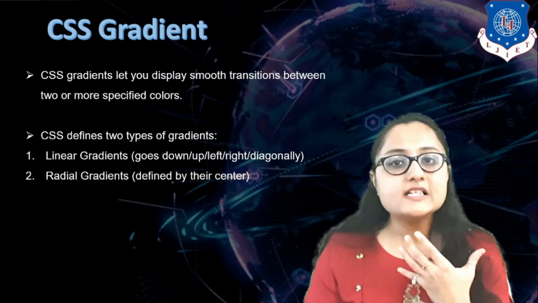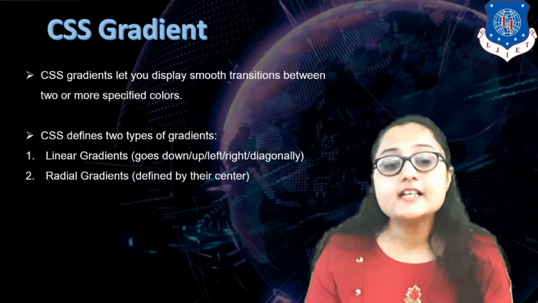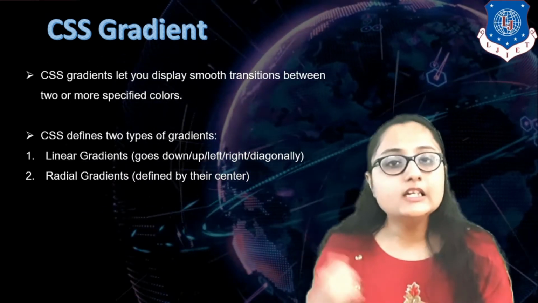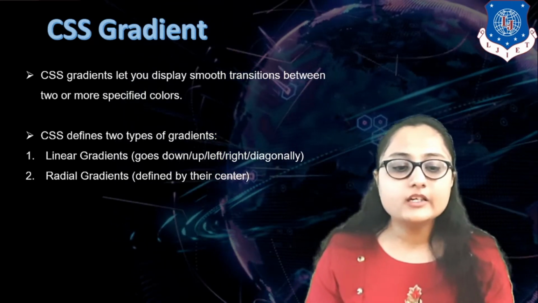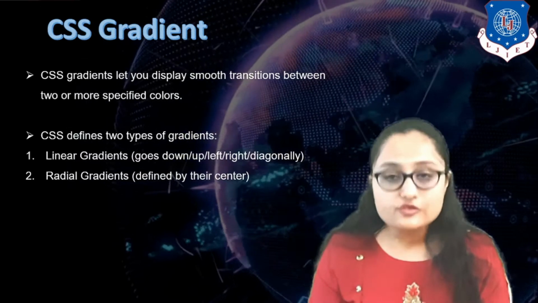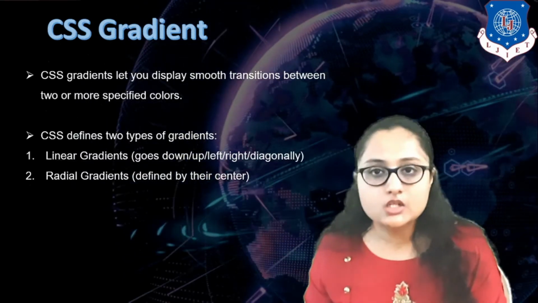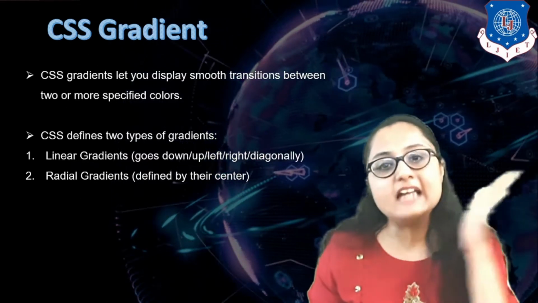If you want such a view in your web page, CSS allows you to define two types of gradients. They are linear gradients and radial gradients. Now what do you mean by linear gradient? Linear gradient allows you to transition from one color to another from top to down, left to right and diagonally.